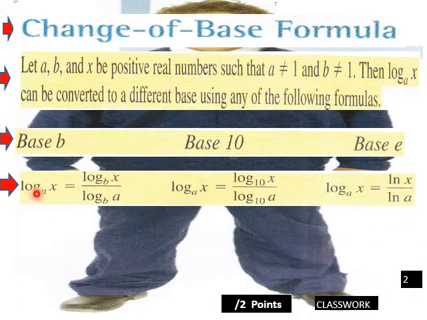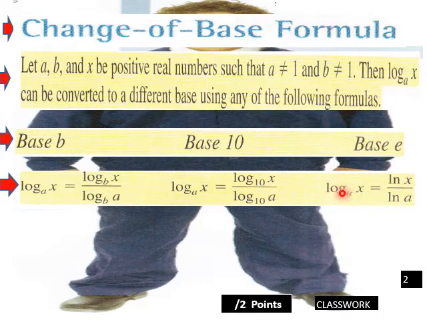So base b here, log base a of x, would equal log base b of x over log base b of a. And then base 10 here, we can find log base a of x by using log base 10 of x over log base 10 of a.